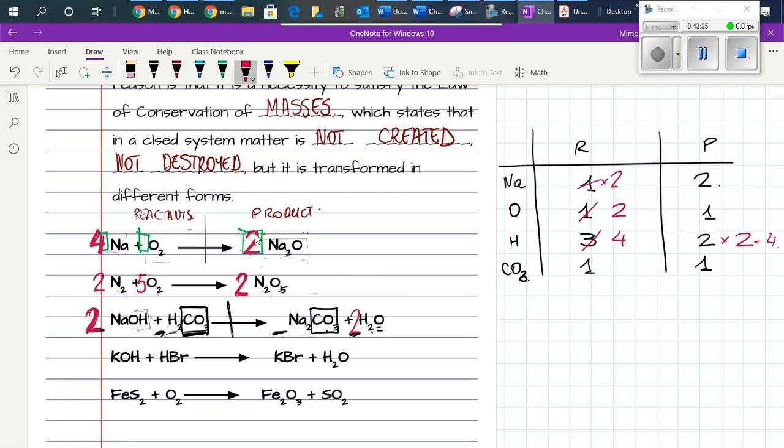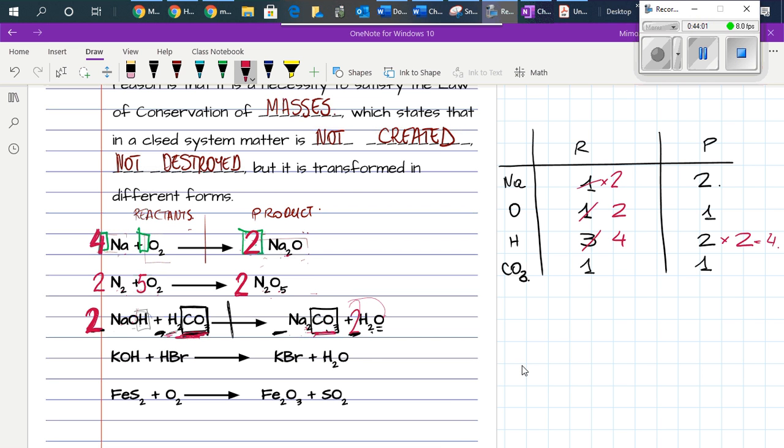So we'll have 2 sodium on the reactant, 2 sodium on the product, 2 oxygen on the reactant, 2 oxygen on the product. 2 hydrogen plus 2 is 4, 4 hydrogen are here, and then 1 carbonate here, 1 carbonate here. Understand?